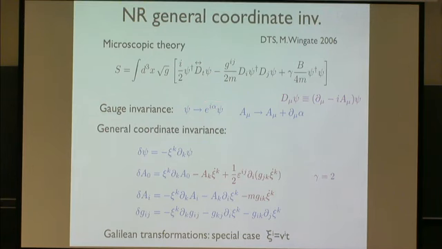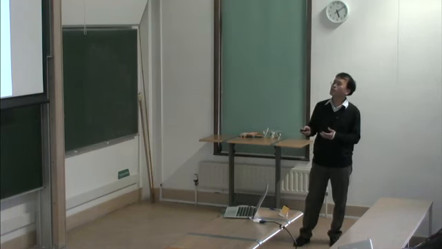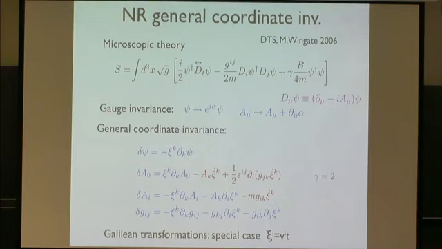Then we can discover by trial and error two types of invariance. The first invariance is just gauge invariance, but there is a hidden invariance of that Lagrangian in which we change the frame. The changes of frame are those that leave time invariant and change only the space coordinates, parameterized by a parameter psi of k. If we do these transformations, the action remains invariant.